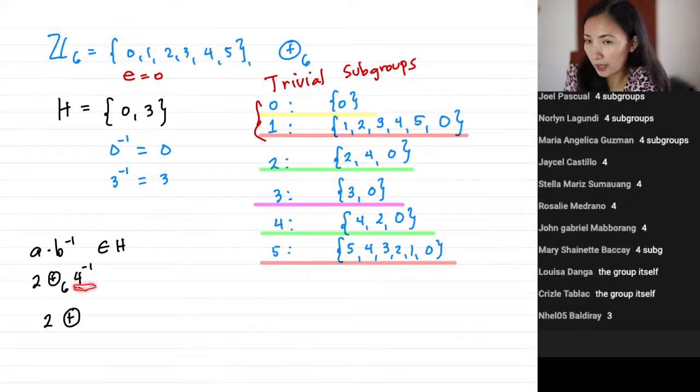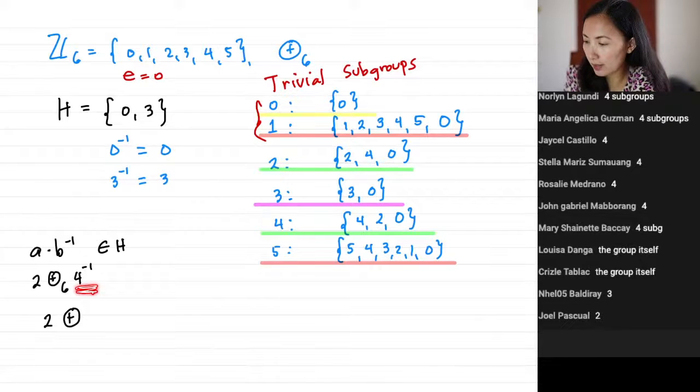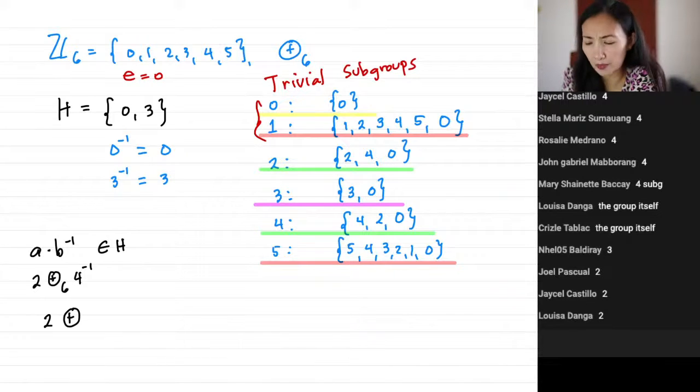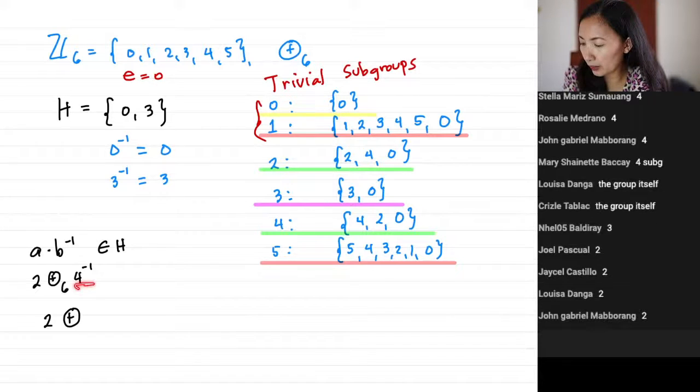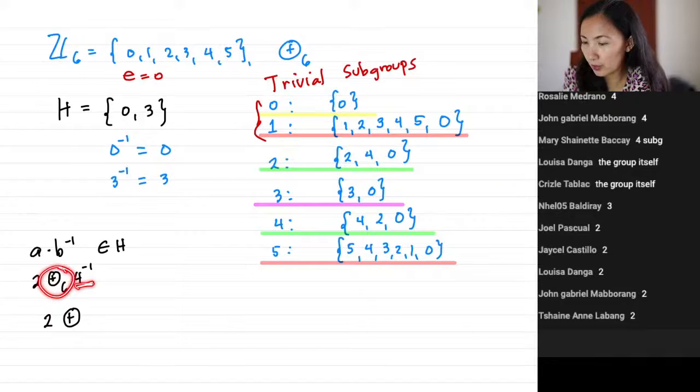Ask yourself, what should I add to 4 in order to get 0? It's 2. So the inverse of 4 with respect to addition modulo 6 is 2.